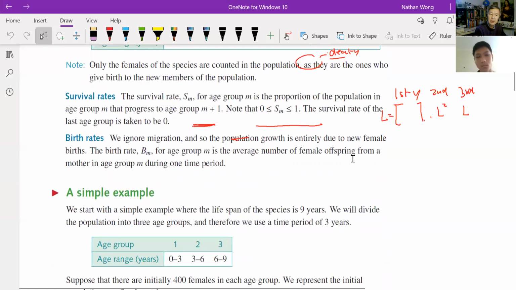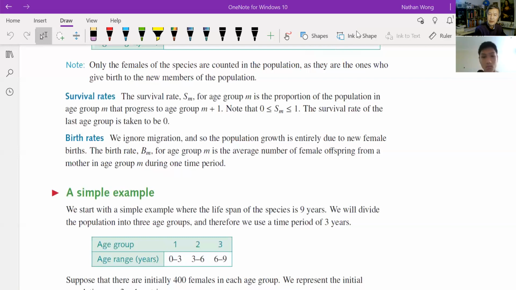How do we describe the survival rate? What is the birth rate? How to define a survival rate? So they progress.